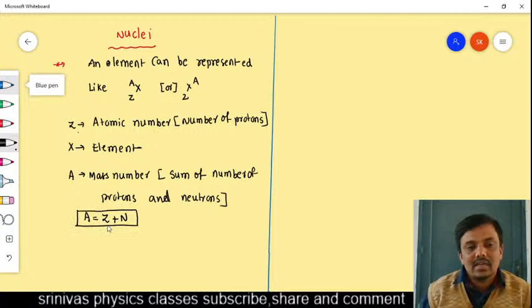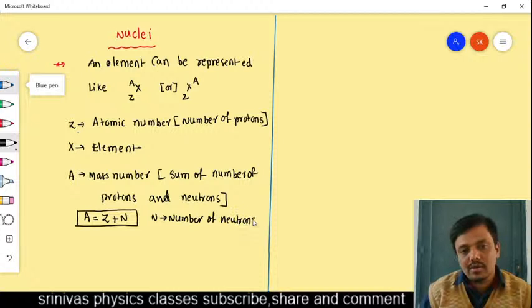The sum of the number of protons and the number of neutrons. Z is the number of protons and n is the number of neutrons. A is the mass number, the sum of the number of protons and neutrons.